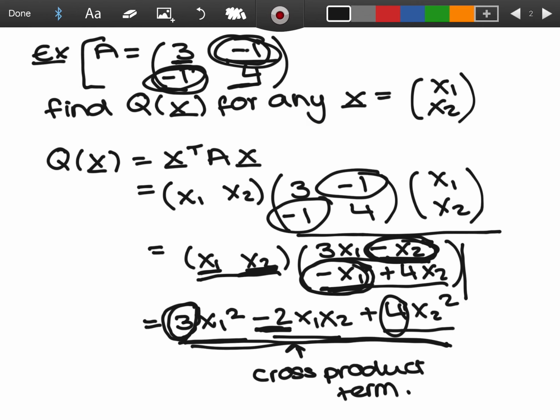So for each of these cross product terms, this negative 2 is split in half between the 1,2 entry in the matrix and the 2,1 entry in the matrix. So for each xixj cross product term, the coefficient of xixj is split in half between the ij entry and the ji entry.